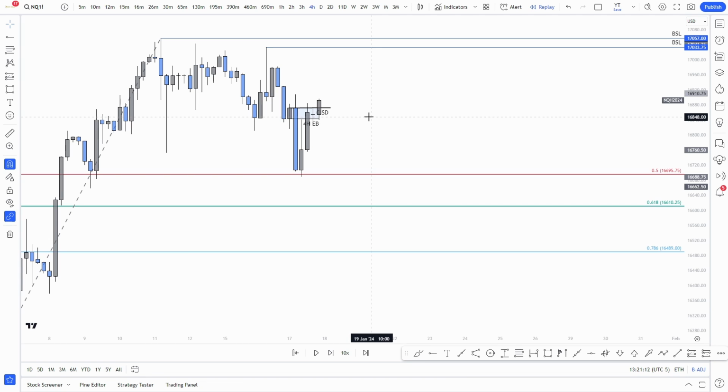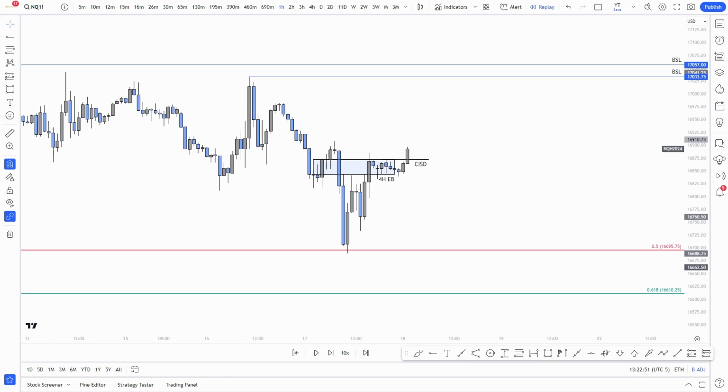Now we want to go down to a lower time frame to find an entry to take out this buy side liquidity now that we have confirmation that the 4-hour offered a change in state of delivery back into bullish price action. Now let's go down to the hourly time frame to find an entry to take out this 4-hour buy side liquidity.